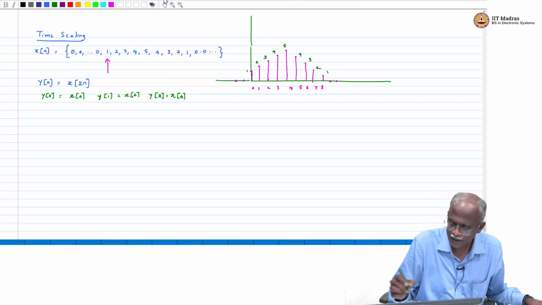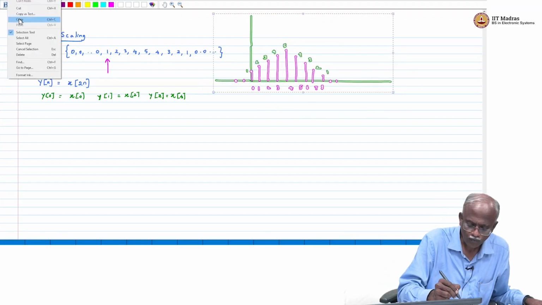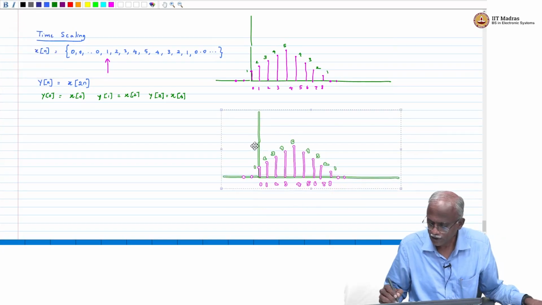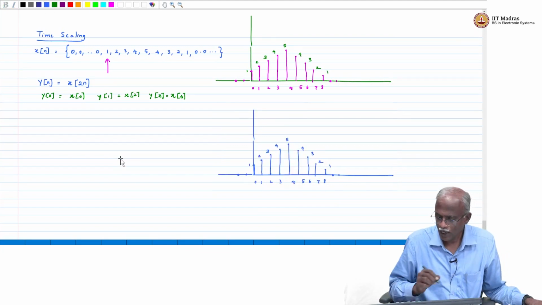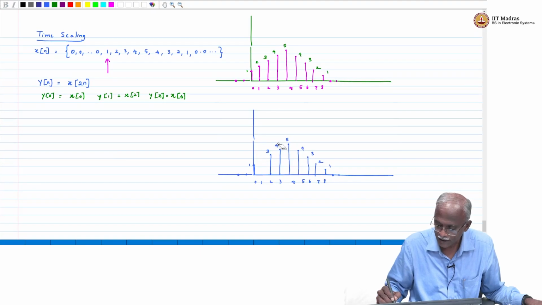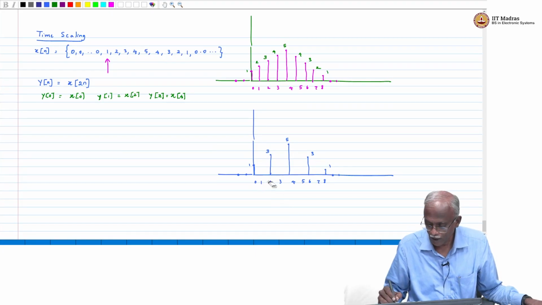Basically we will take this same sequence and paste it over here with a different color. Let's say we'll make it blue, and what we have done is we have erased some of the samples, and we have now renumbered them as 1, 2, 3, 4.